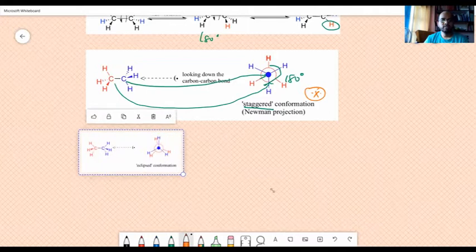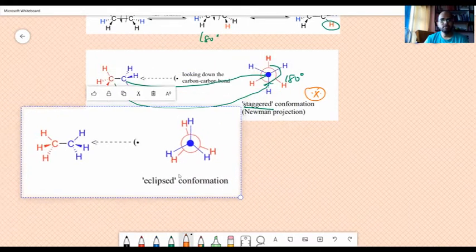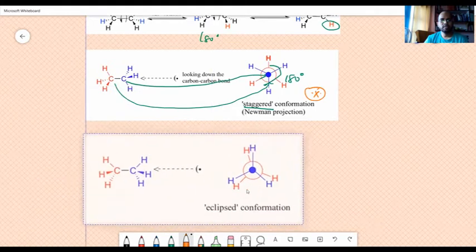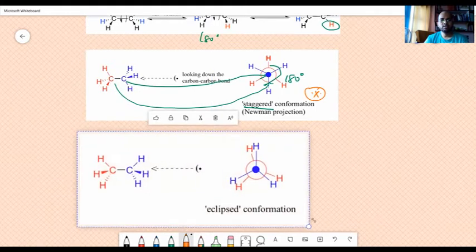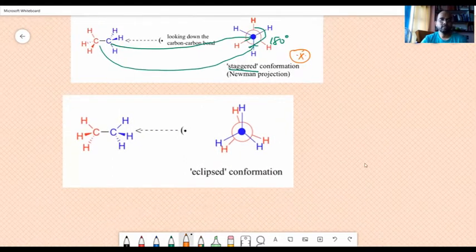That format is known as the eclipsed conformation. Eclipse means, I think you know, in general, a solar eclipse, a lunar eclipse. In this, the 180 degrees which you have shown comes to 0 degrees, and that we call the eclipsed conformation.